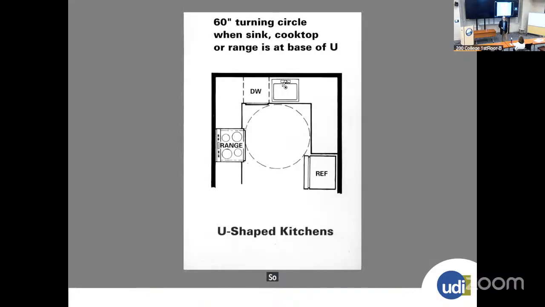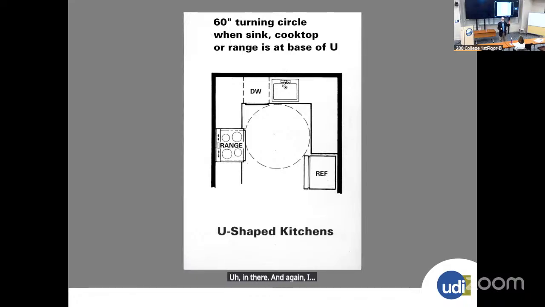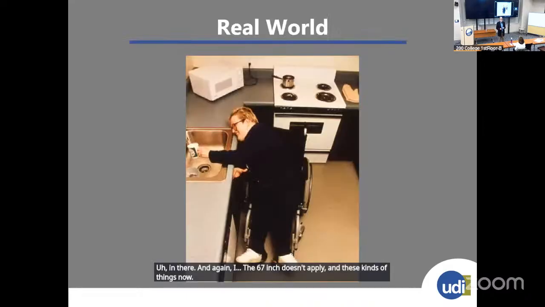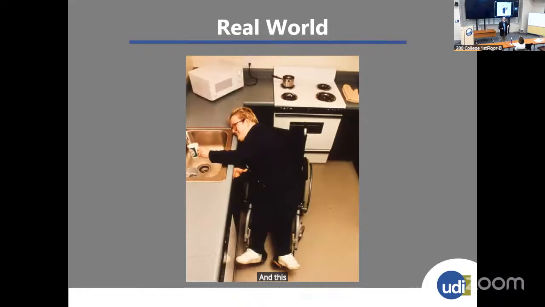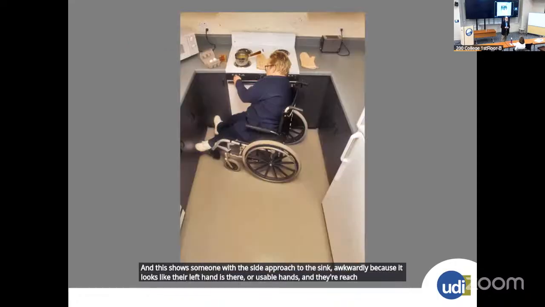So you do that. And again, they go into very much detail on the wide variety of circumstances you might find in kitchens. If you have a U-shaped kitchen and nothing else is true, you do have to have this 60-inch diameter in there. And again, the 67-inch doesn't apply in these kinds of things. This shows someone with a side approach to the sink, awkwardly, because it looks like their left hand is there, more usable hands, so they're reaching over.